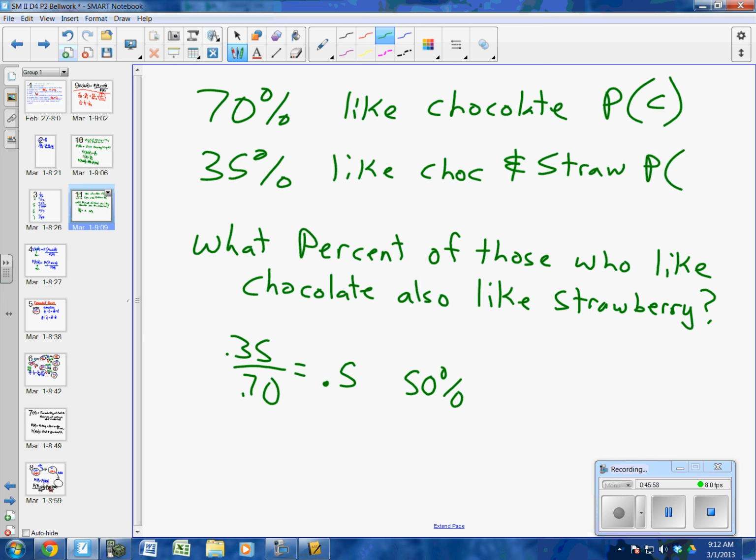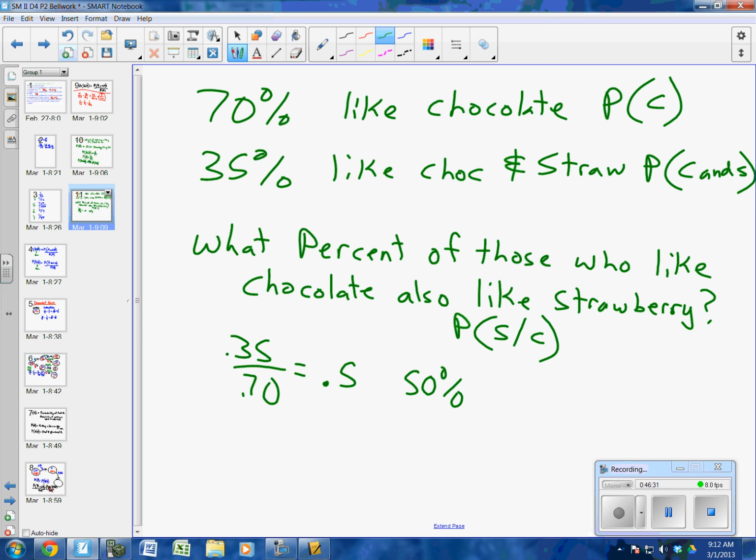We'll call strawberry S. This was C and S, right? And the question I asked, what percent of those who like chocolate also like strawberry? That's the probability of strawberry given chocolate, right? That's the probability of strawberry given that they like chocolate.